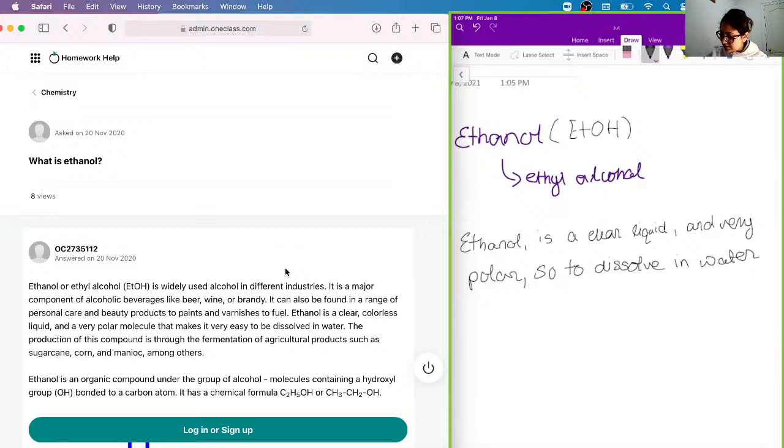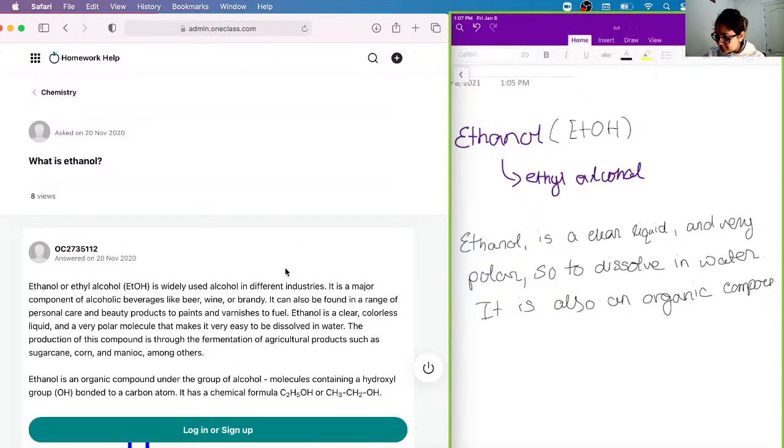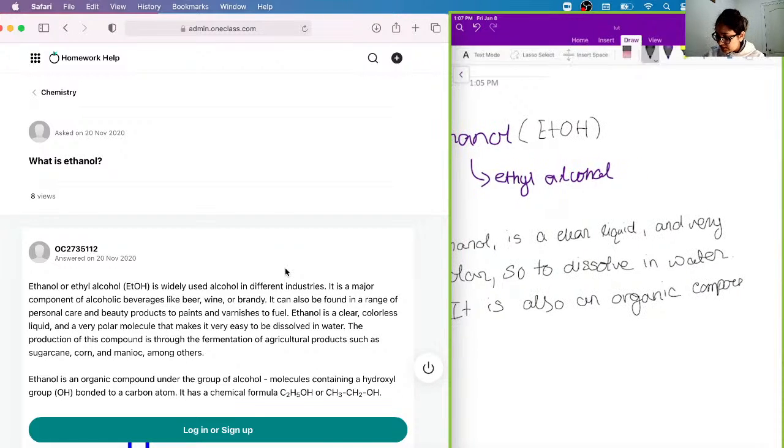Also, ethanol is an organic compound, which means it is basically made out of carbons and hydrogens. And so it's under the group of alcohol as the name suggests.